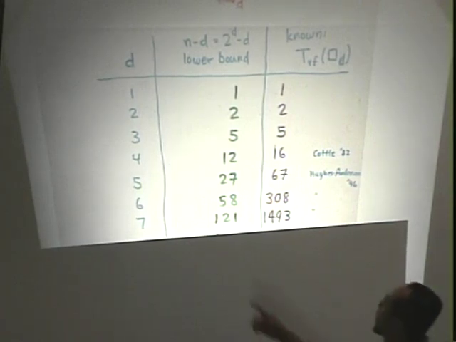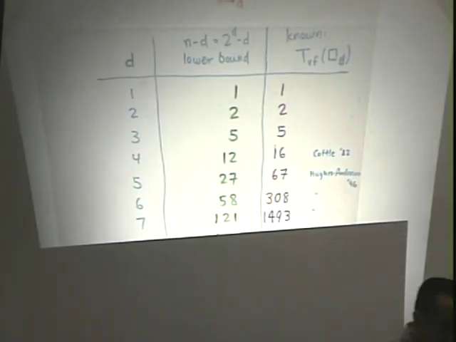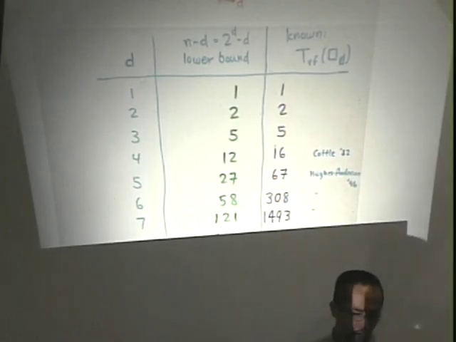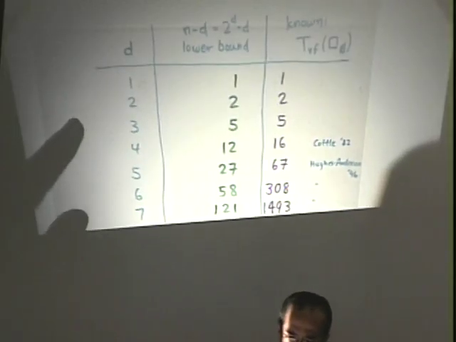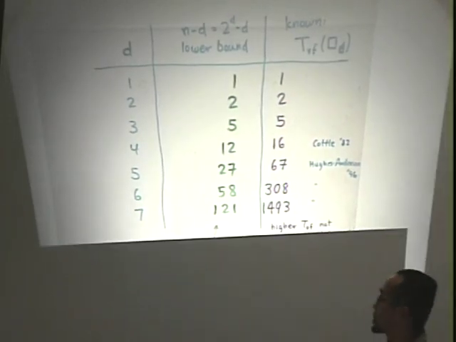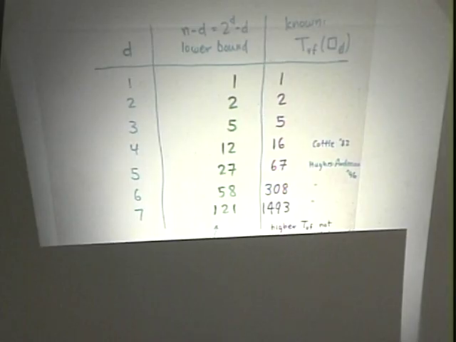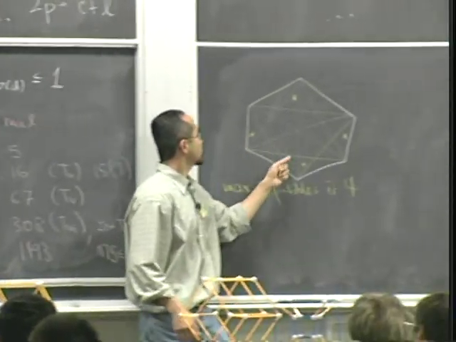Okay, and in fact, placing pebbles, the construction that Adam worked on here could only place 12 pebbles in a 4-cube, and it's an open question whether you can place more pebbles. And in fact, if you think about this, there's nothing special that said I had to use whole pebbles.